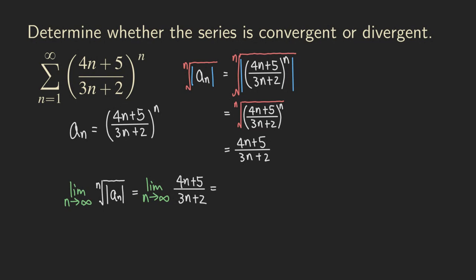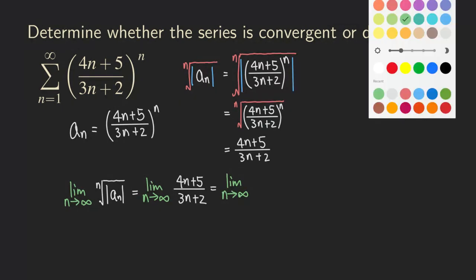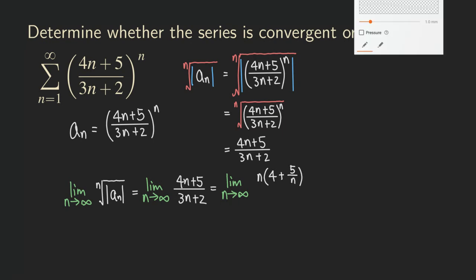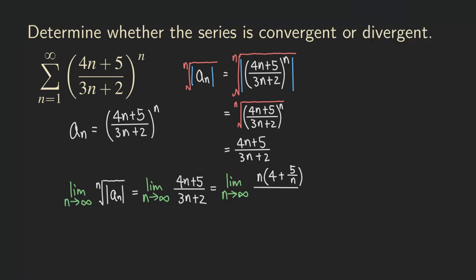All we need to do is just factor out the n. Then we are going to get n times 4 plus 5 over n. Then same thing is happening in the denominator. So we have n, and then 3 plus 2 over n.